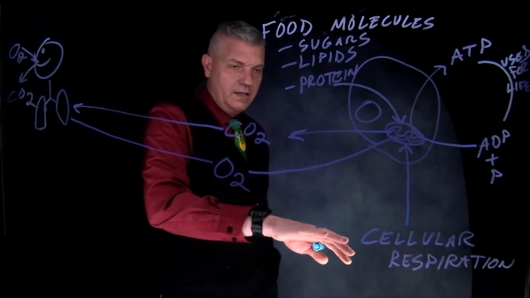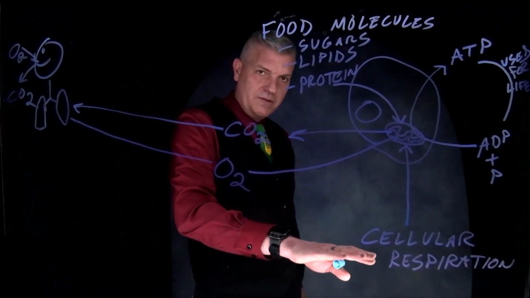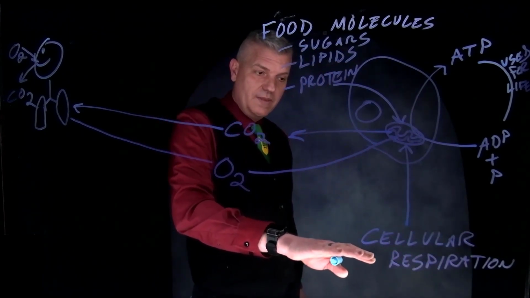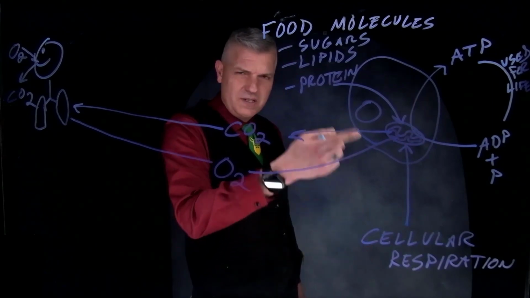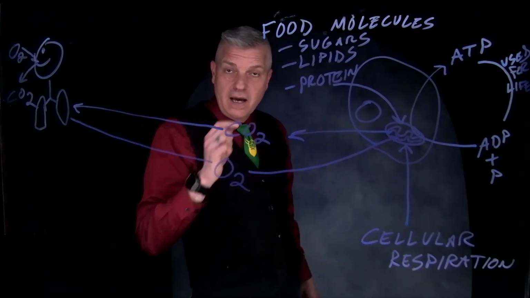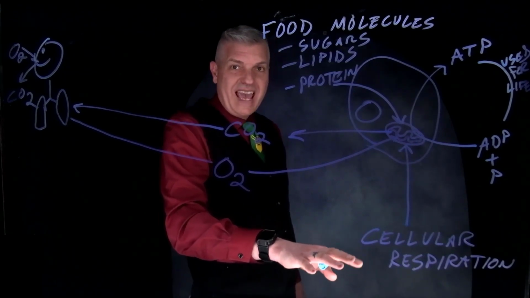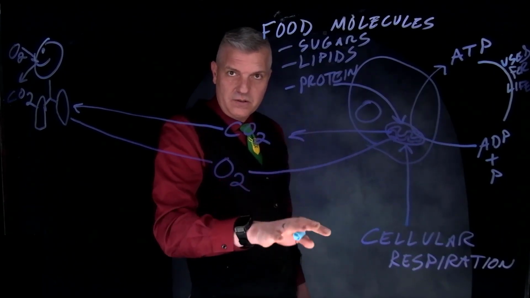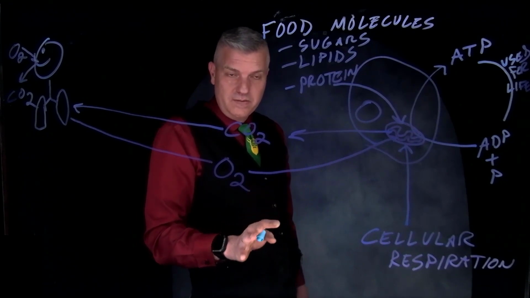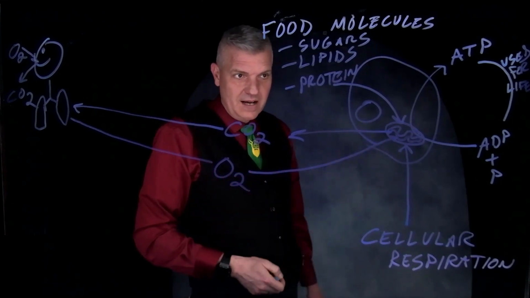It's more complicated than this, but to put it simply, you can think of cellular respiration as answering the question of how do living cells get energy? There is always an exchange of gases when we talk about how living cells get energy, at least so far in the ways we've been able to examine it.